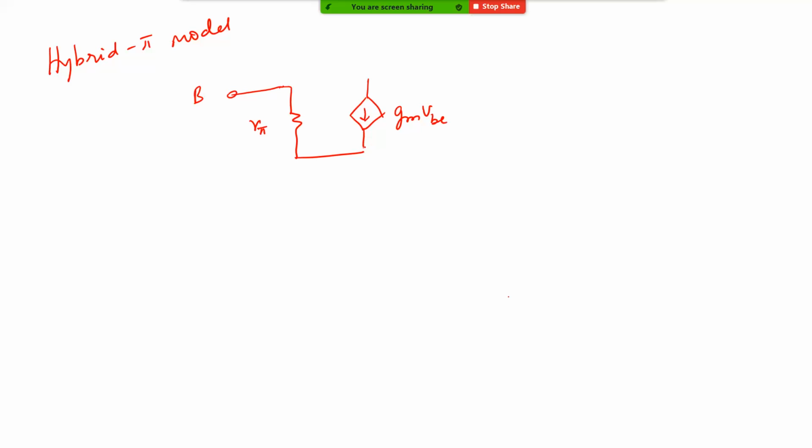And we have this dependent current source, let me use the typical convention, given as Gm times small VBE, and we also had R naught. So this becomes the collector and this becomes the emitter terminal.